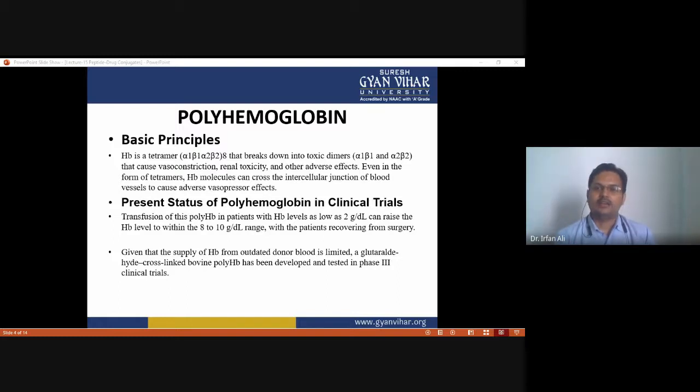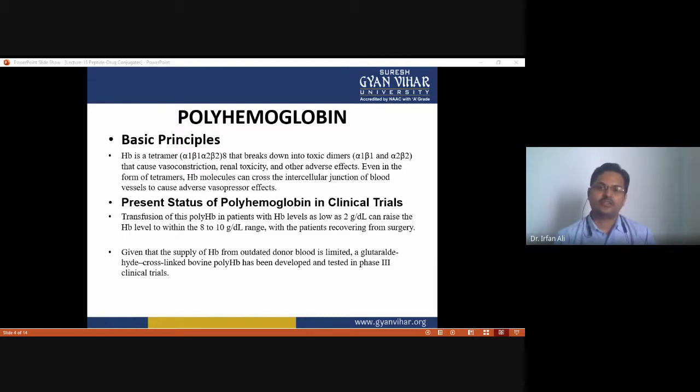This level is needed for safe surgery, with no reported side effects. Before undergoing any surgery or treatment, it is essential to check the hemoglobin level. It must be in the range of 8 to 10 gram per dl.